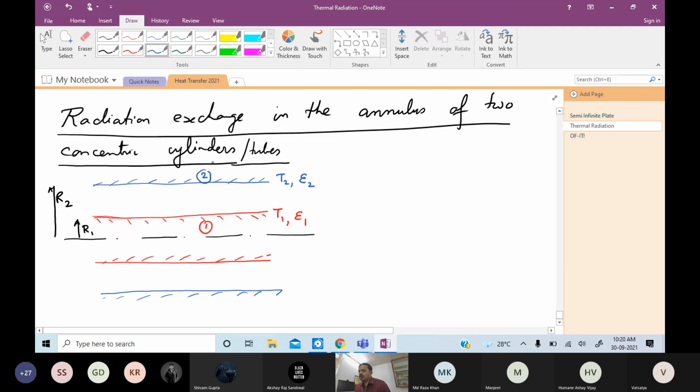So what is going to happen? The radiation exchange is going to happen between the outer surface of the inner tube and the inner surface of the outer tube, that is in the annulus. So heat exchange in the annulus.